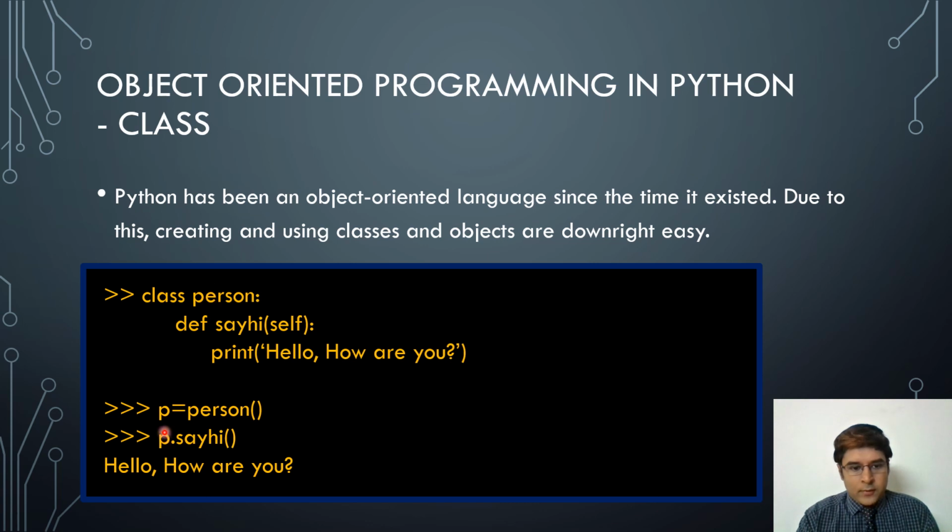So if we initialize this variable p with this Person class, it will be an object of this class Person, and p is the object and Person is the class. So if we write p.say_hi, it will print hello, how are you.